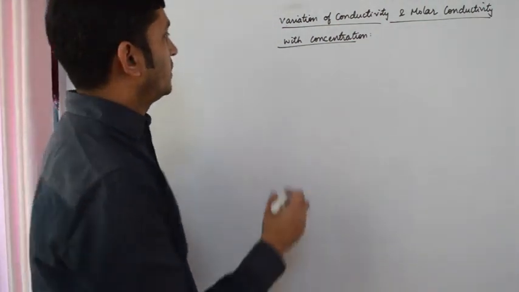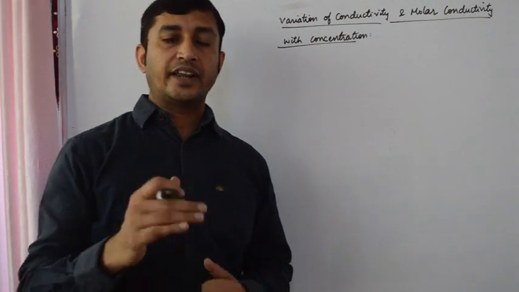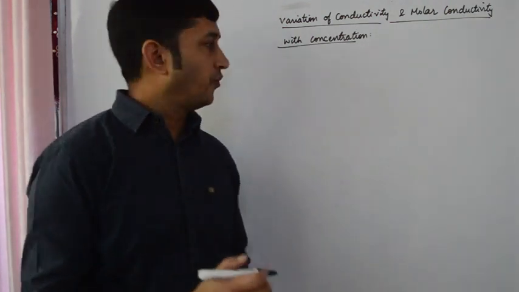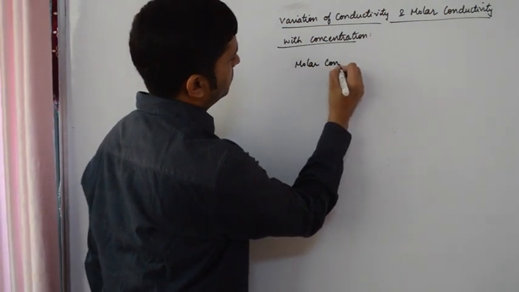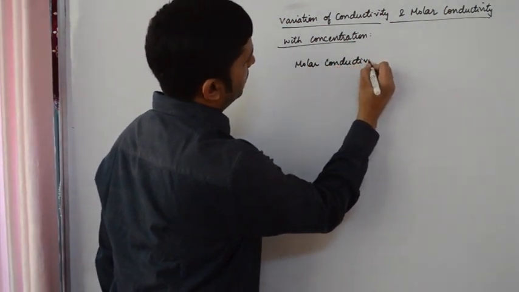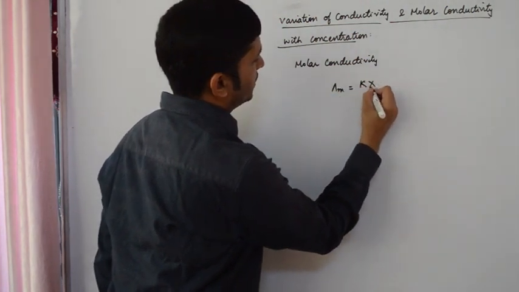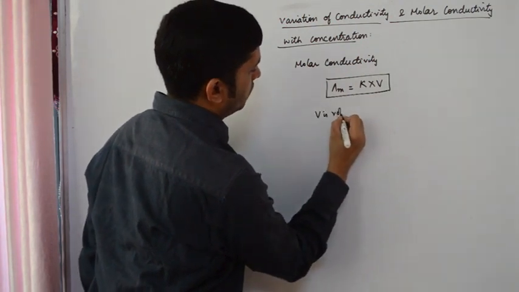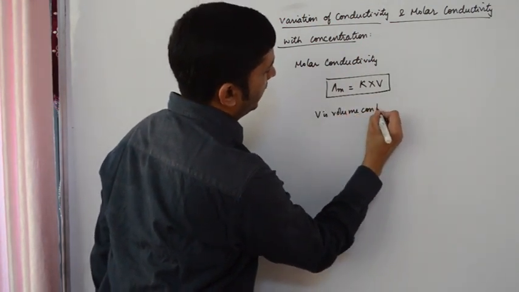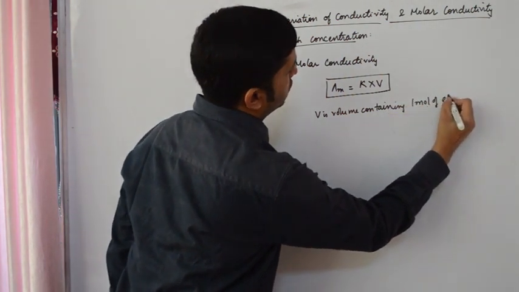We all know that molar conductivity means the conductivity of a solution containing 1 mole of electrolyte. So we can write molar conductivity in another form also. Molar conductivity lambda m can also be written as conductivity into V, where V is the volume containing 1 mole of electrolyte.